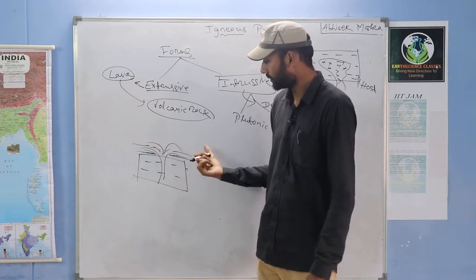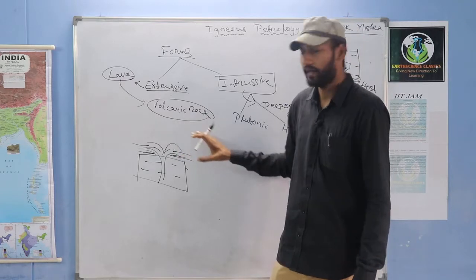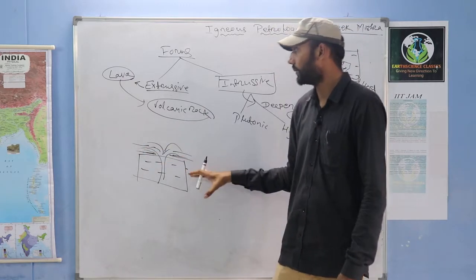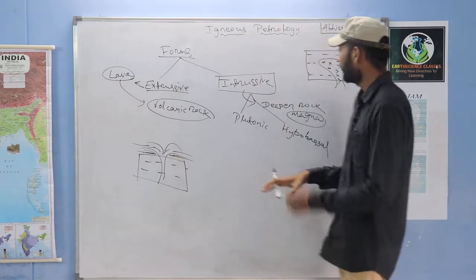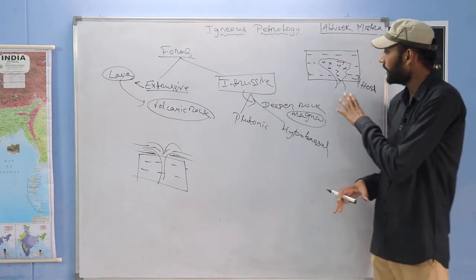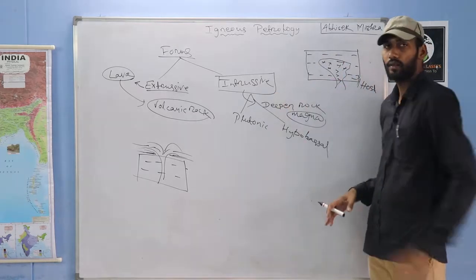We'll see what type of structure will be there. When magma comes out to the surface and forms igneous rock, we name it extrusive igneous rock or volcanic igneous rock. When it is crystallized or solidified inside the host rock, we name it intrusive igneous rock.